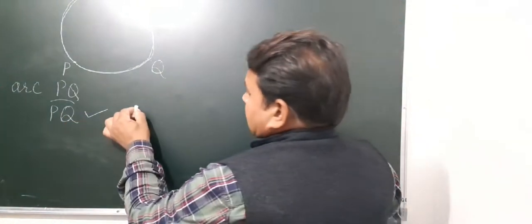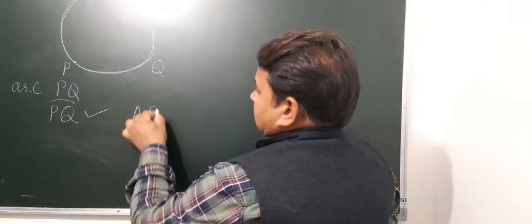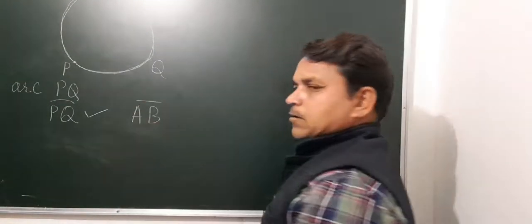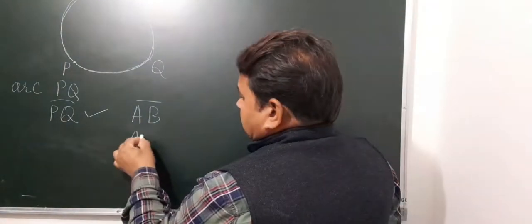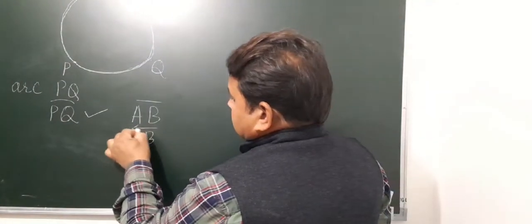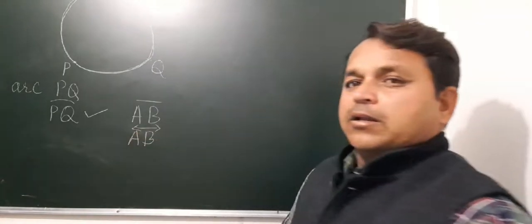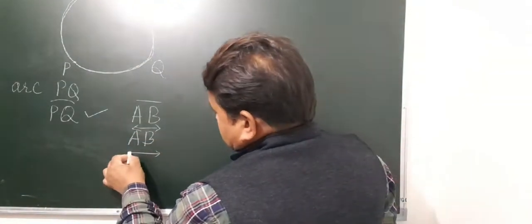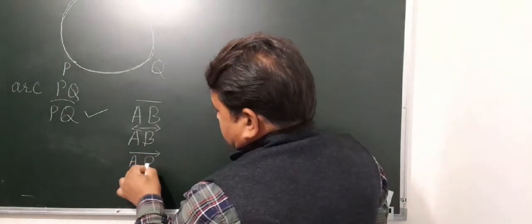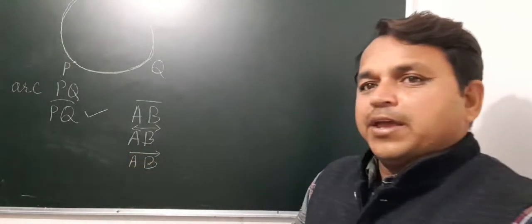In the same way as we read AB as line segment AB, when there is this sign upon them, we will call it line AB. When this symbol is upon them, we call it ray AB.